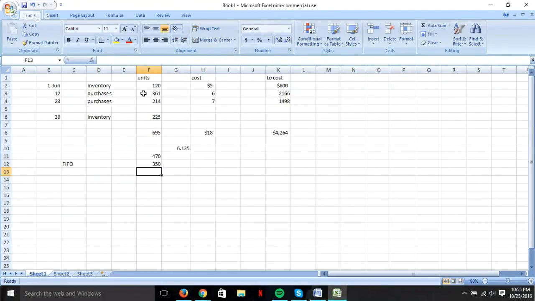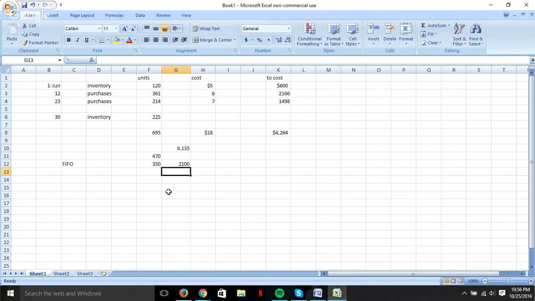And so we'll gather the rest of that from our second purchase here on June 12th. And so that's how many units we used from June 12th, the 350. So times that by the cost we were charged from that time, and that'll give us $2,100 that we were charged on June 12th.